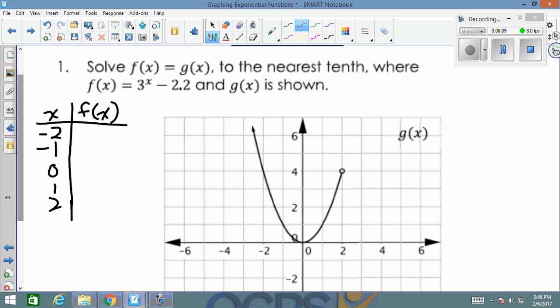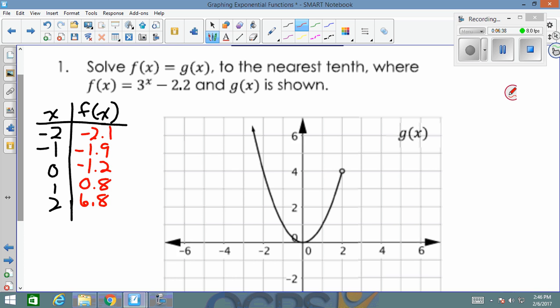So we get -2.1, because it says round to the nearest tenth. The next one, it'll be 1/3 minus 2.2, should be -1.9. 0 would be 1 minus 2.2, which is -1.2. 3 minus 2.2 would be 0.8. And then 9 minus 2.2, again, I'm just substituting the numbers in, is 6.8.